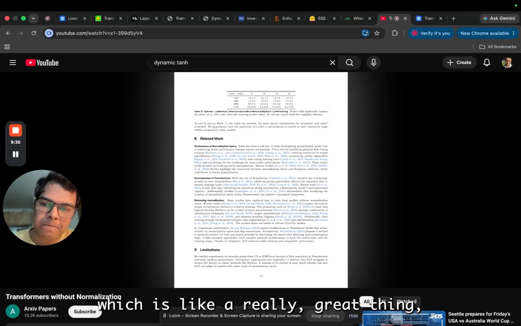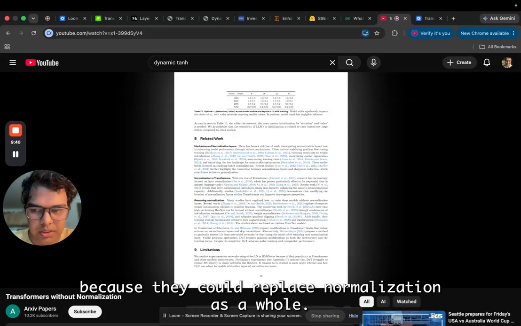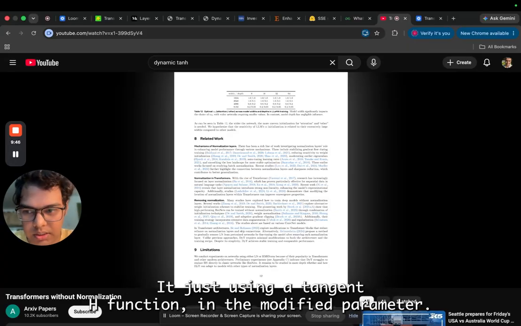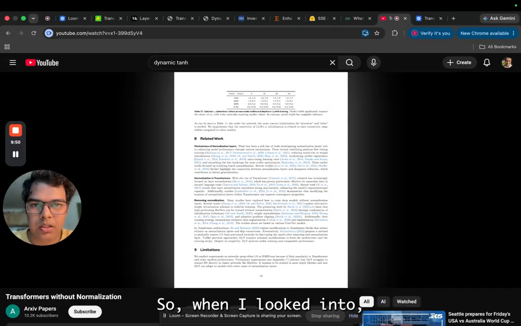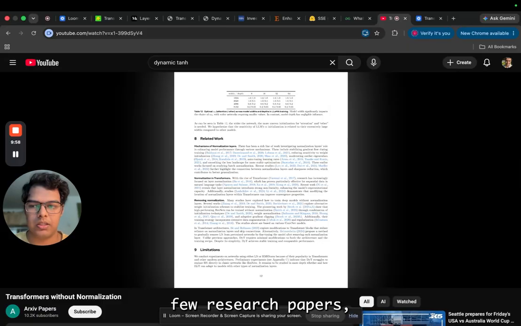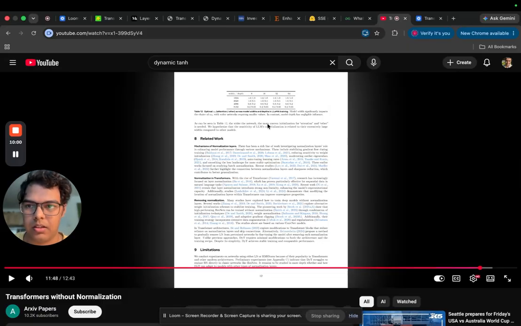That's a really great thing, because they could replace normalization as a whole with just a tanh function and a modified parameter.